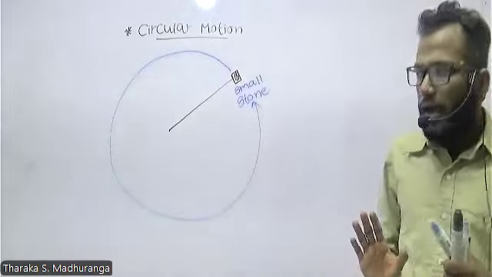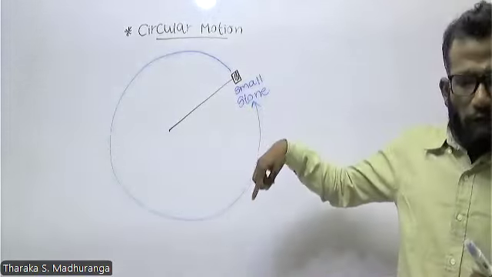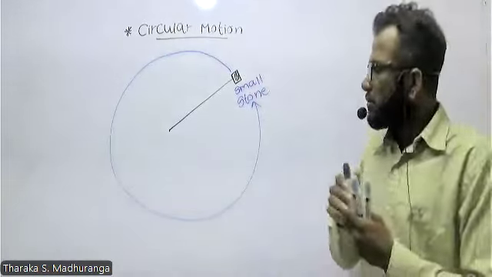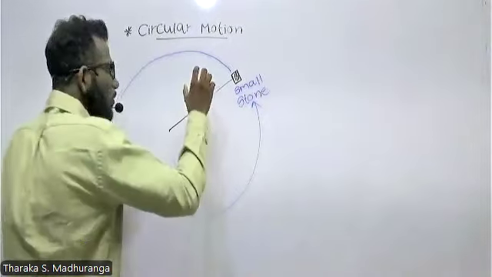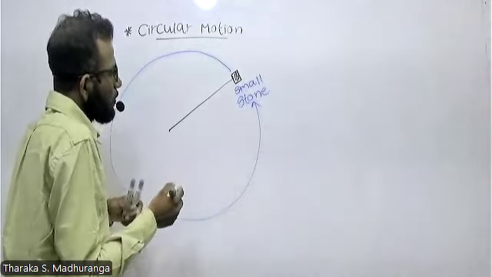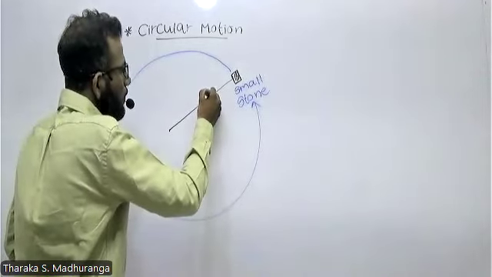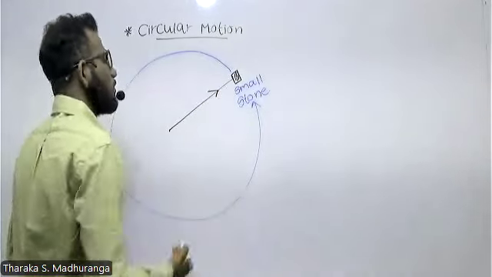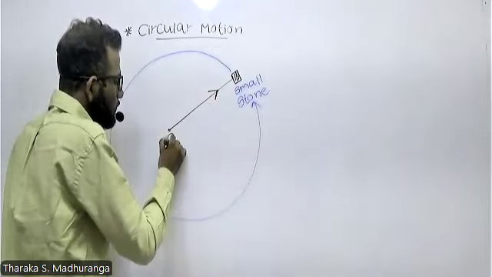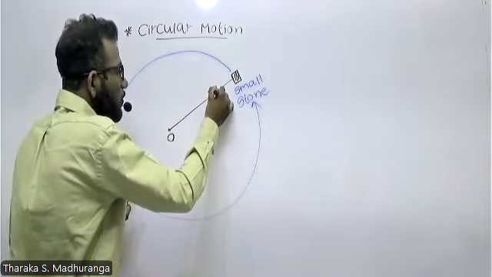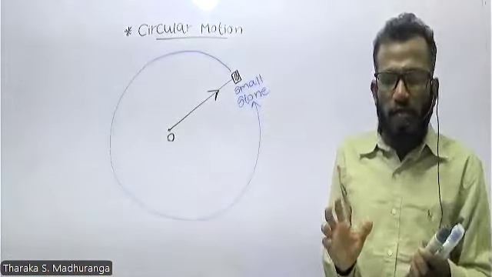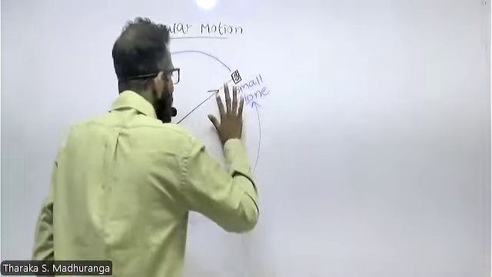When we rotate this small stone on this string around this fixed point, there is a force generated away from the rotational axis, where the rotational axis is O. I will mark it here.